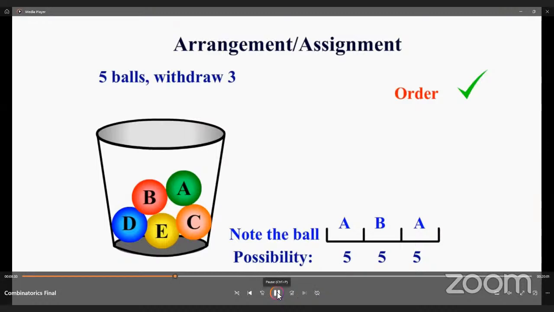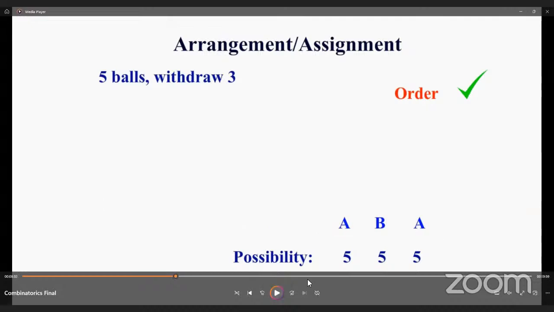What we notice here is that you get A for the first withdrawal, then another A for the third withdrawal. So there is repetition: A here and A there.